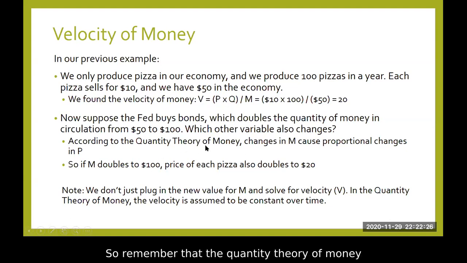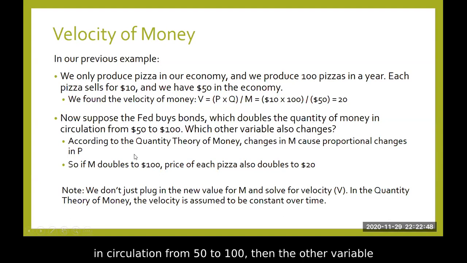Remember that the quantity theory of money says that the price level is based on how much money we have in circulation. So if there's any change in M, it corresponds to a proportional change in P. What this means is if we double the amount of money in circulation from 50 to 100, then the other variable that also changes is P.